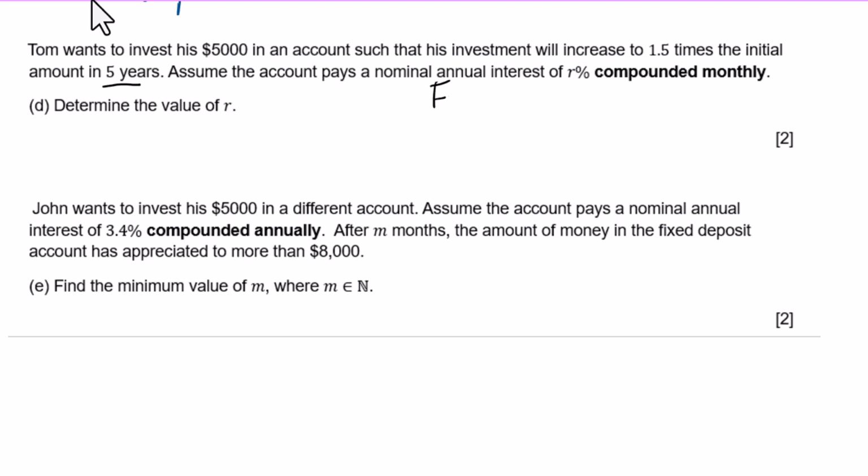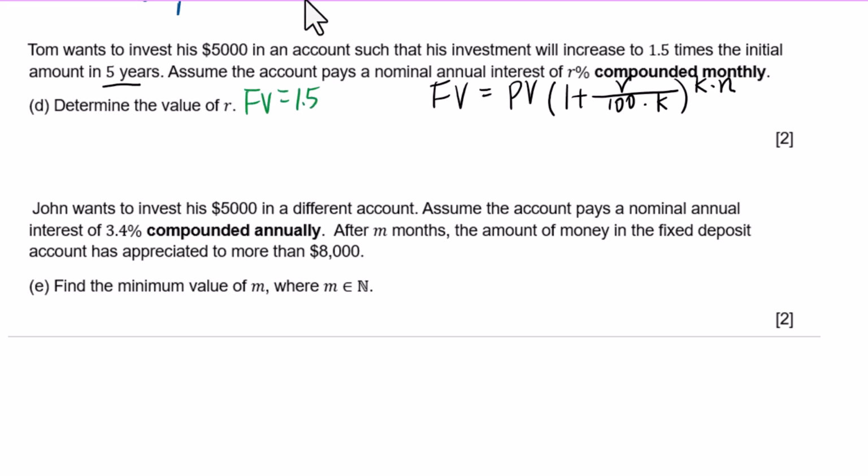We will use this compound interest formula. Future value equals present value times 1 plus R over 100 times K to the power of K times N. From the given information, future value equals 1.5 times $5,000. Present value equals $5,000.